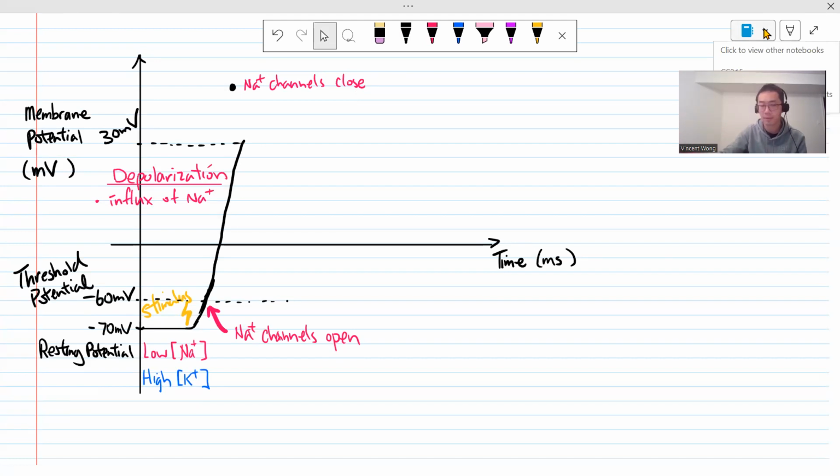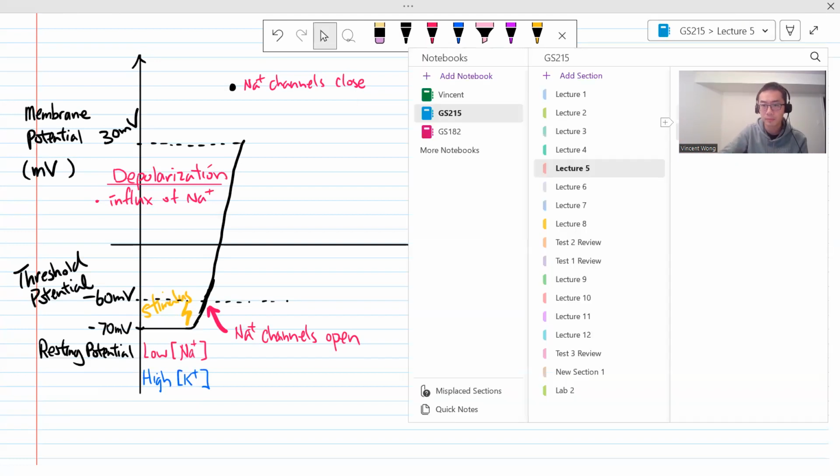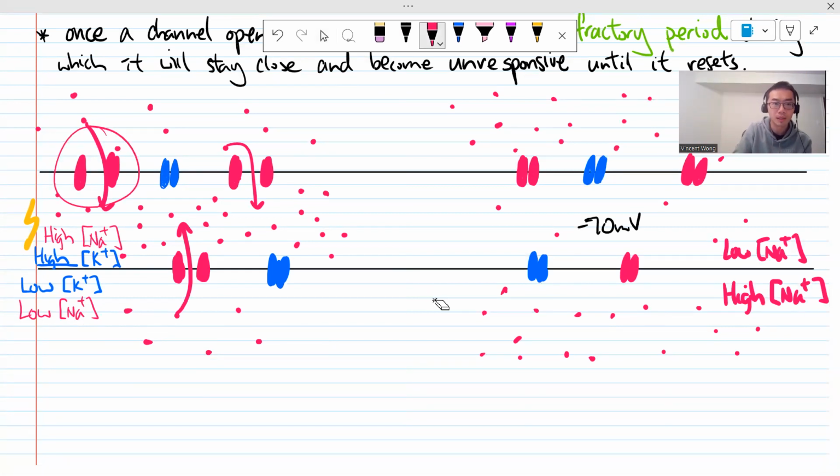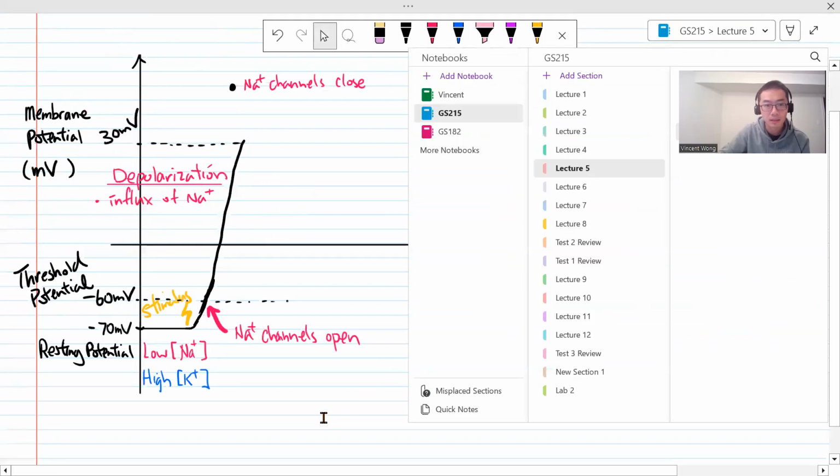I have a question. Yeah. When the inside has high calcium and high potassium, does it take time or does it immediately open the valve and close the valve? For the sodium channels, right?